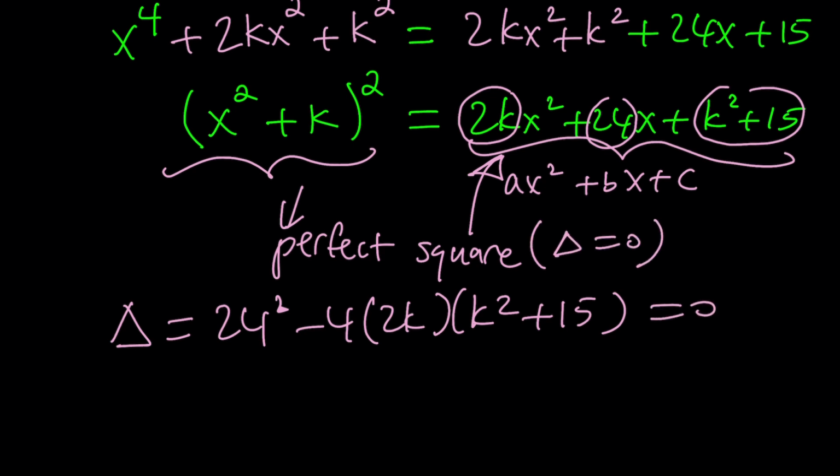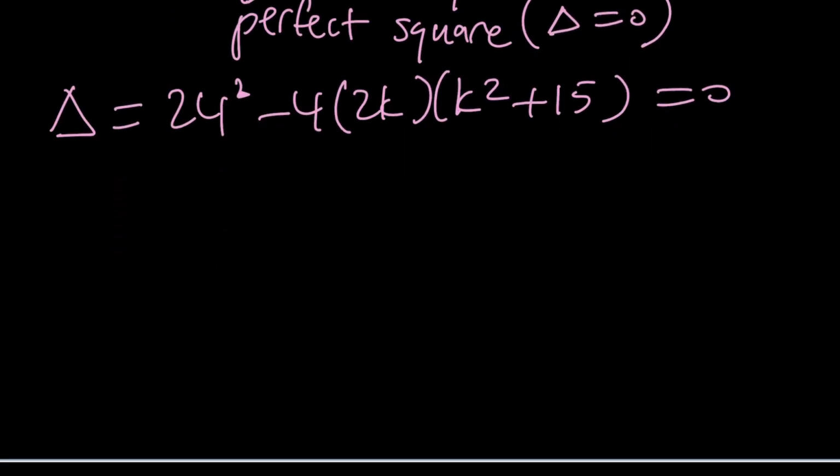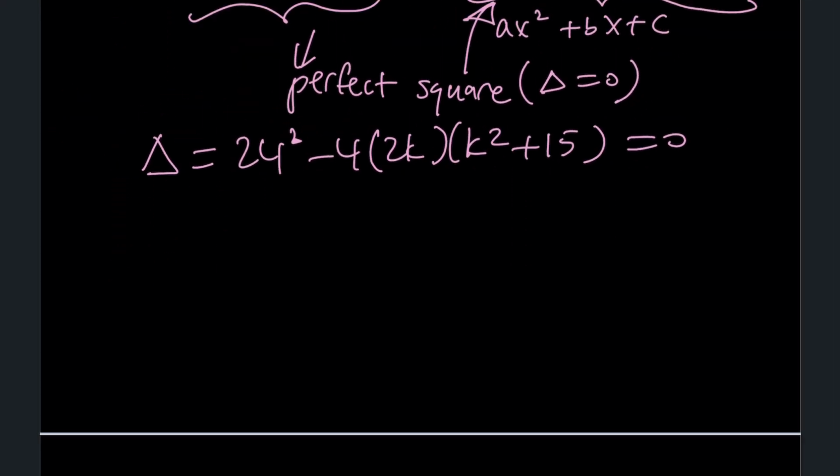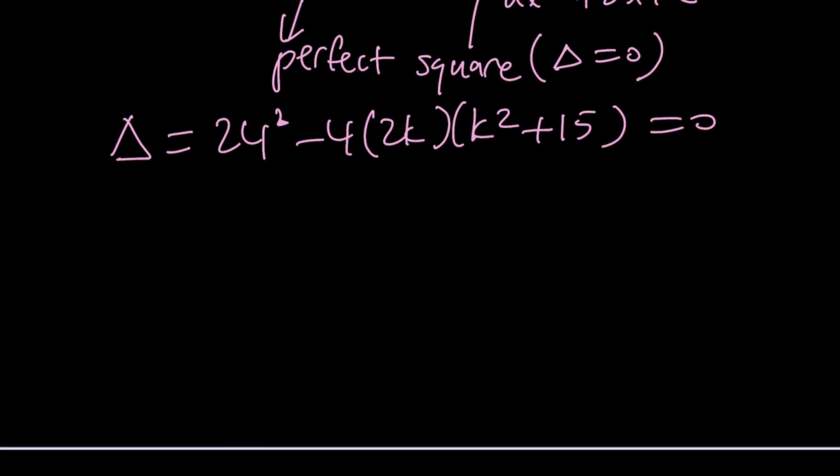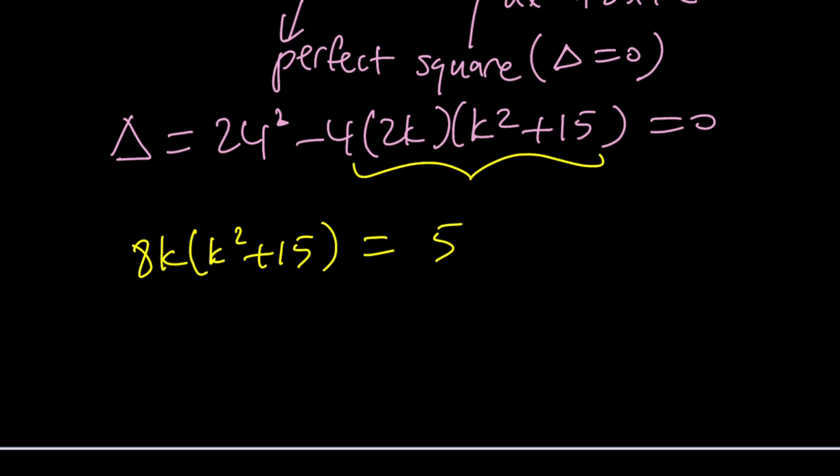What do you do next? You probably divide everything by 8, right? If you do, you can kind of isolate this, but let's go ahead and write this as follows. I'll probably write this part first. So 8k times k squared plus 15 equals 576.